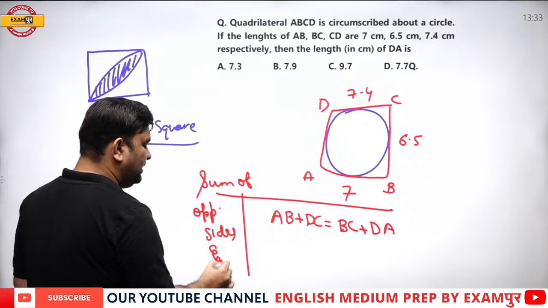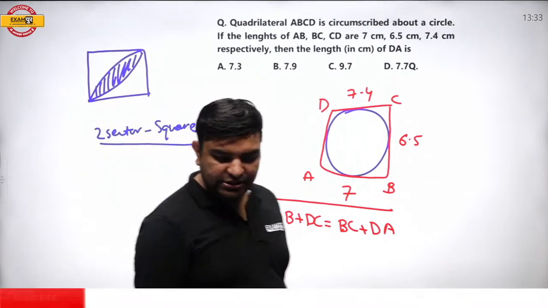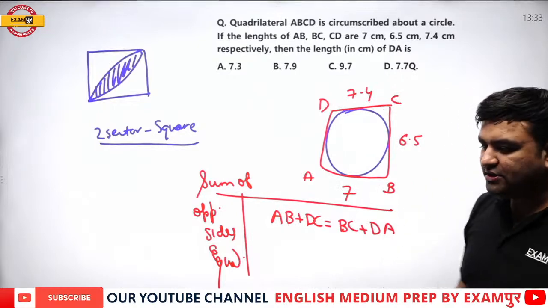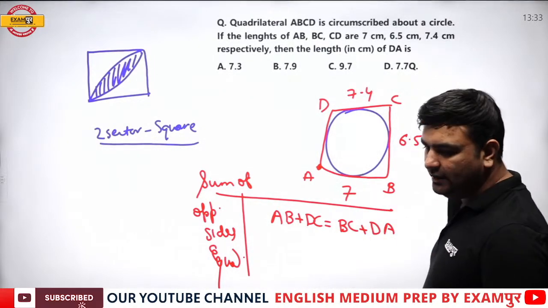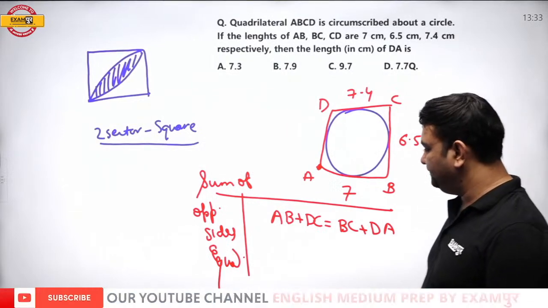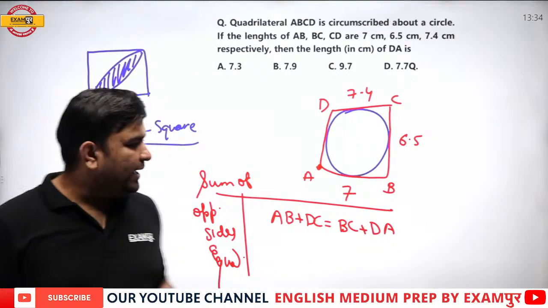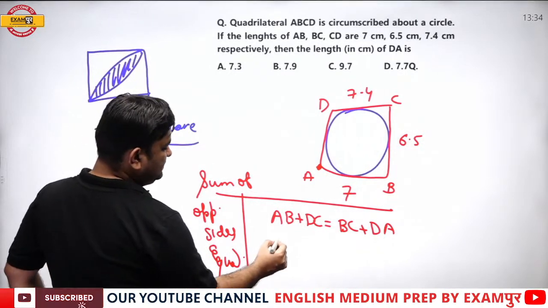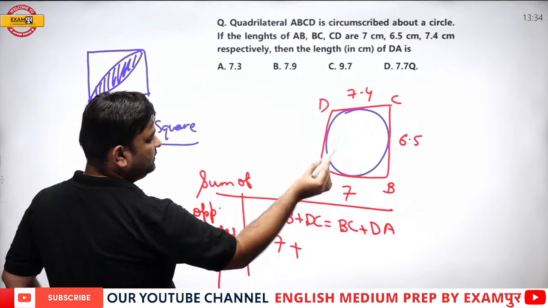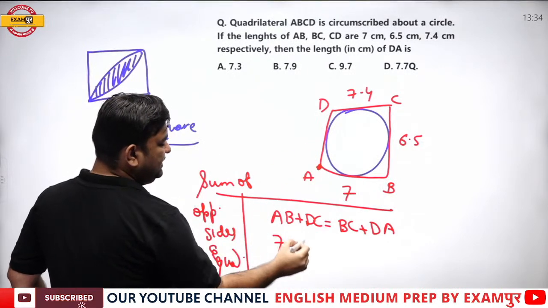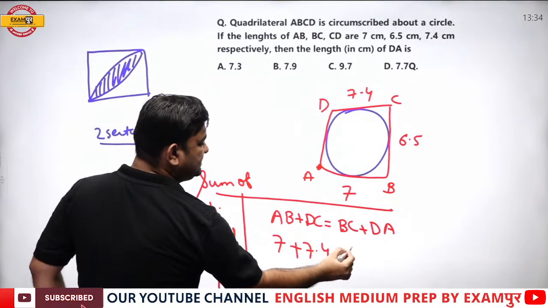Can anyone tell me what is the logic behind it? The logic behind it is again the tangent theorem. So AB is 7, CD is 7.4, BC is 6.5.